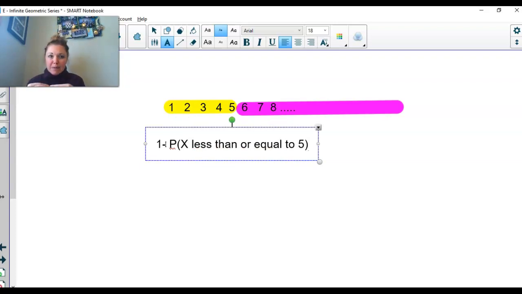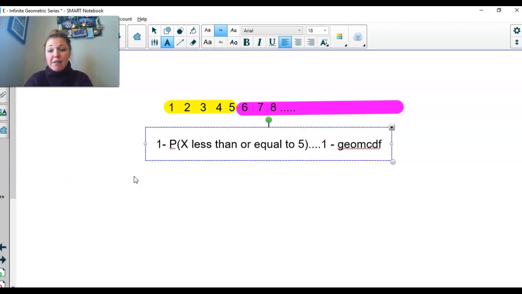Same as binomial, the calculator only works with less than or equal to, so we have to rewrite things so it's less than or equal to. It's still equivalent. So what would I type in? That would be 1 minus geometcdf, the probability 0.4, comma 5. And you do have to write down, this is my p and this is my k.